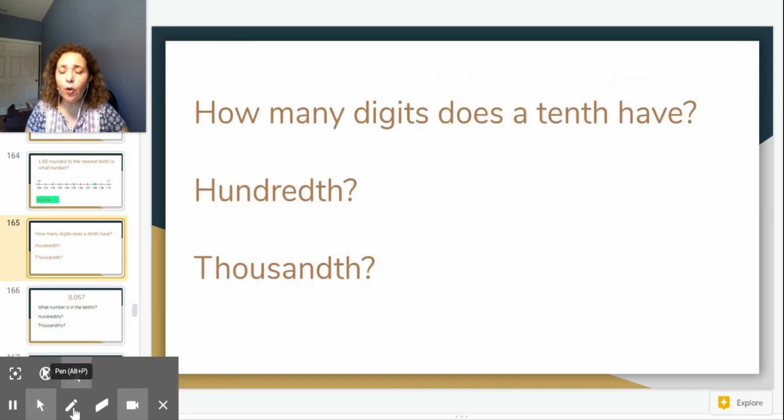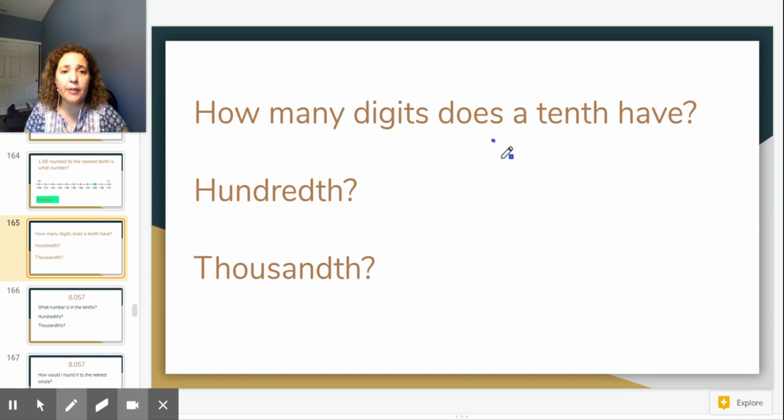All right, so before we begin, let's review a little bit our place value, right? So how many digits does a tenth have? Right, 1, because I would put a 0 in my ones place, decimal, and then this number here would be in the tenth spot. So there'd be one number. How about the hundredths? Correct. There'd be 2 digits, right? What about thousandths?